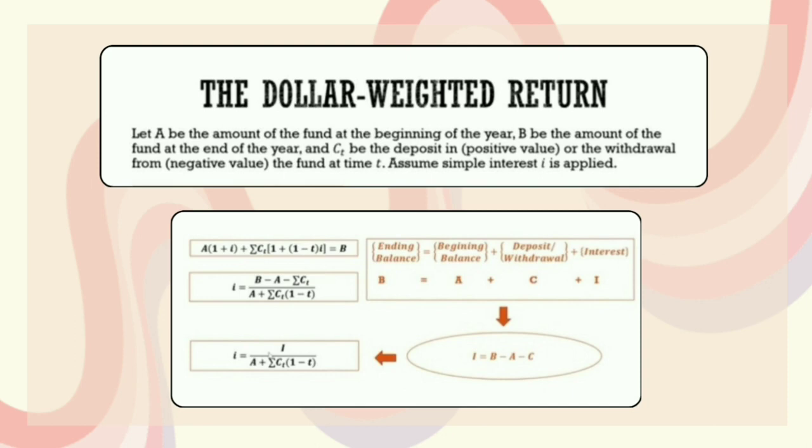The dollar-weighted rate of return is a measure of investment performance that takes into account the timing and the size of cash flows, such as contributions and withdrawals.